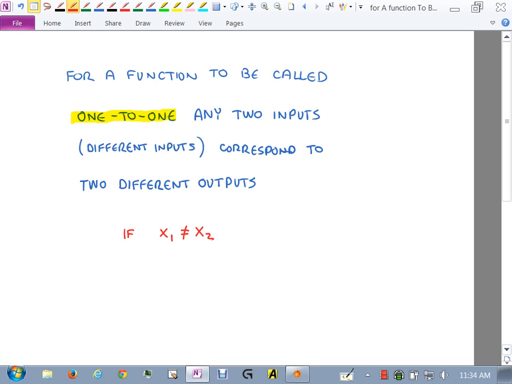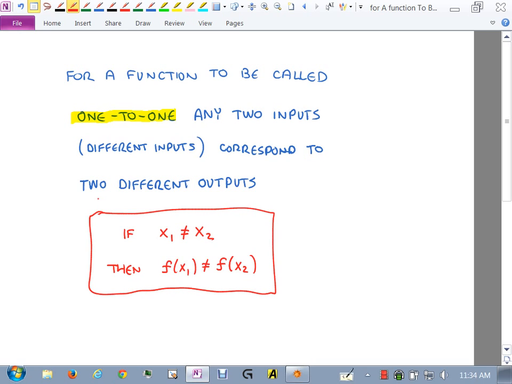So if you have two different numbers and you plug them into the function, then what I can guarantee you is that if you're one-to-one, the answers will not be equal. Two different inputs means two different outputs. The outputs will be distinct from each other. They won't be equal.